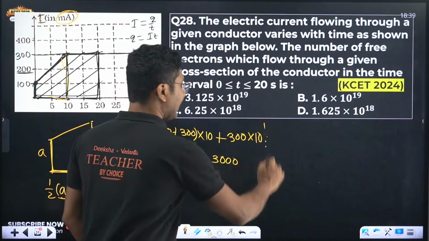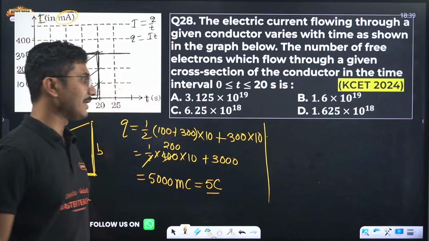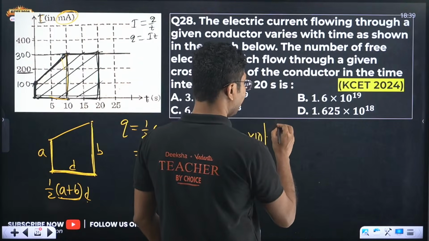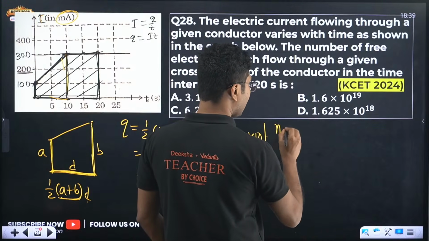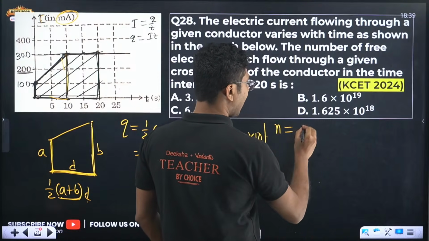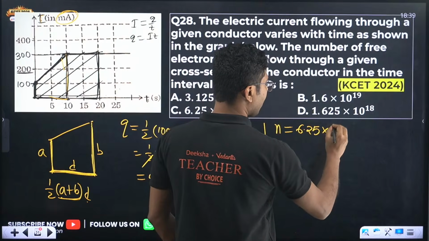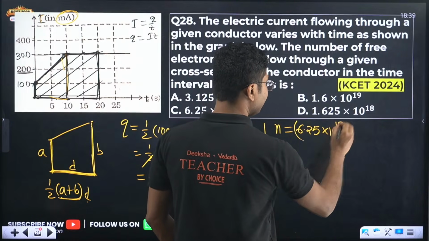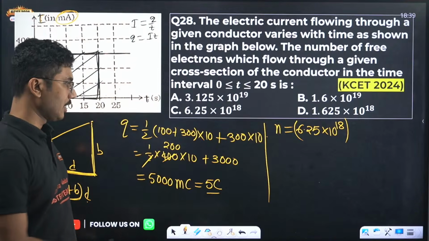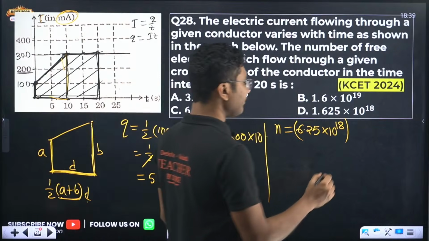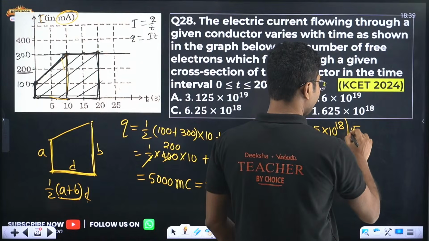Now you can directly calculate, so that's why I said many cases it will be very handy to calculate the number of charge, which can be calculated by 6.25 into 10 to the power of 18. This is for 1 coulomb of charge. How many coulomb are there? 5 coulomb is there, so multiply this with 5.